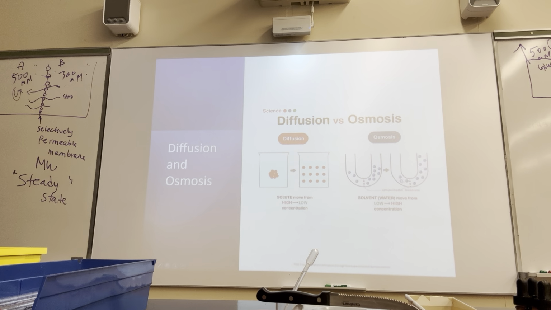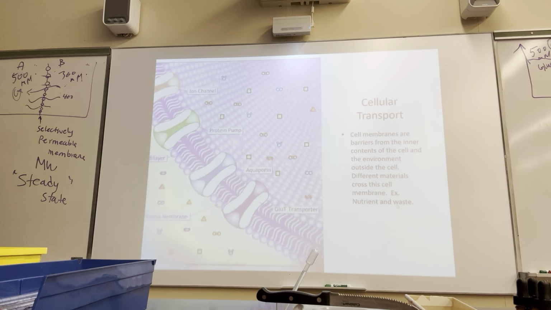Now you have two sides. That's side A to the left of the barrier and side B. So water moved from where we had 3 particles to where we have all these particles. So the water shifted to the other side. Do you see that? Okay. So solvent, water will move from low to high.